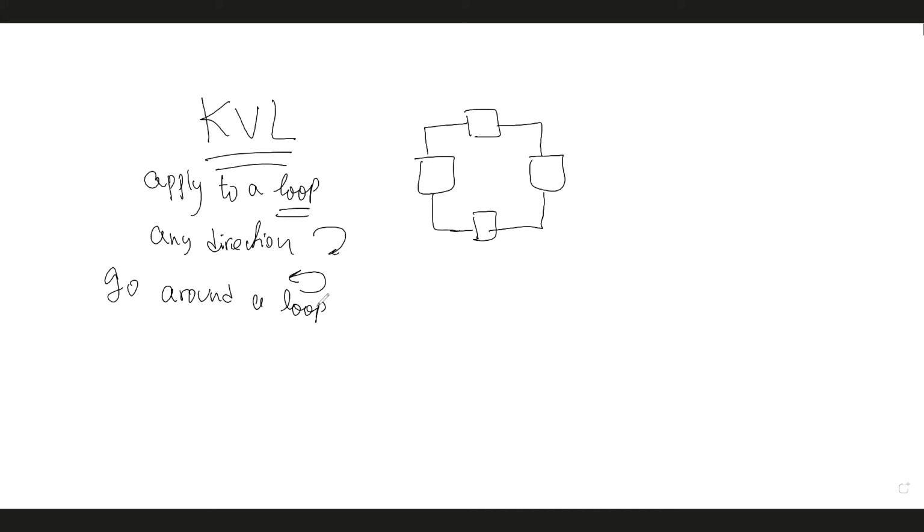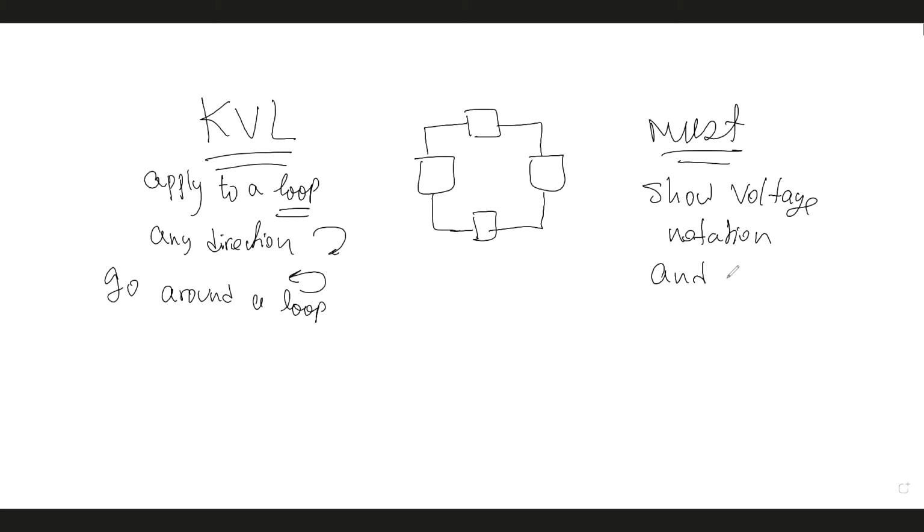Okay, for KVL, you must show the voltage symbol or voltage notation if it's not given, and polarities. Without polarities, you cannot apply KVL. If polarities are not given, you assign them. It doesn't matter, so don't waste your time thinking what's a good polarity.